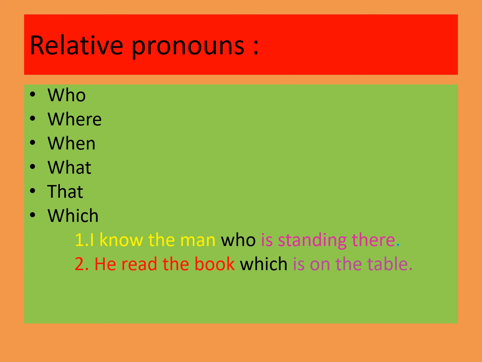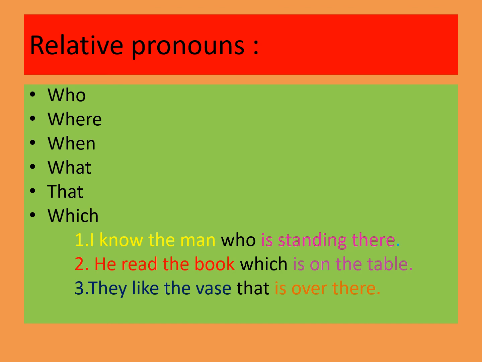Here, which is on the table is a relative clause, and this clause is started with the relative pronoun which. Third one, they like the vase that is over there. So that is over there is a relative clause. It is started with the relative pronoun that.